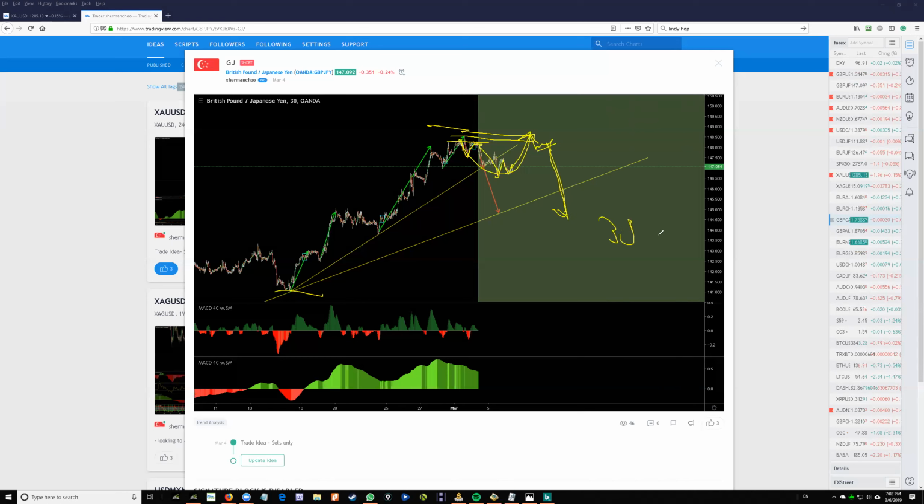This is a good idea. So in other words, what I'm hoping for now is for this to go up here, do something like this, some kind of divergence here, maybe some kind of divergence here. And then I'm interested in this move down. So yes, I was in the sell, but I've taken this off already, basically.